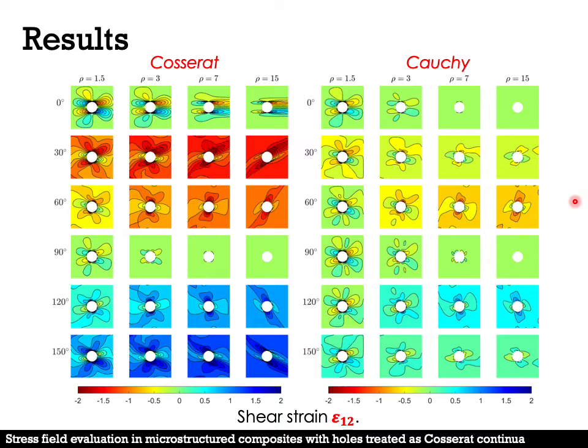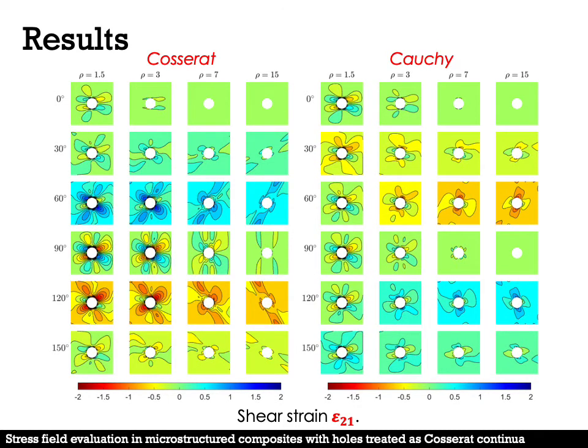Epsilon 1,2 of the Cauchy continuum also shows a direction effect, but less than that of the Cosserat continuum. Epsilon 1,2 for the Cauchy continuum means less difference between epsilon 1,2 and epsilon 2,1 of the Cosserat continuum.